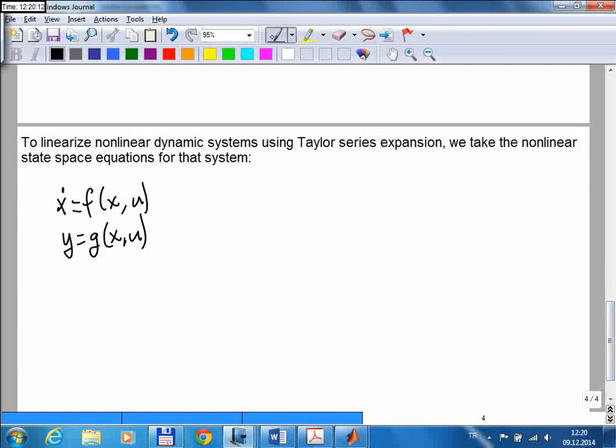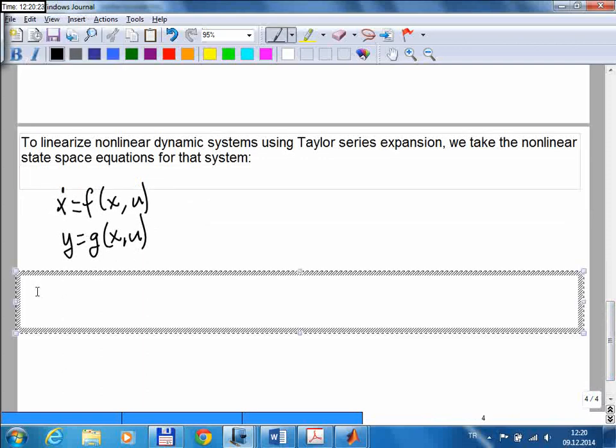So here's how you do the Taylor series expansion for such systems. Then we apply Taylor series expansion to the nonlinear f and g functions.